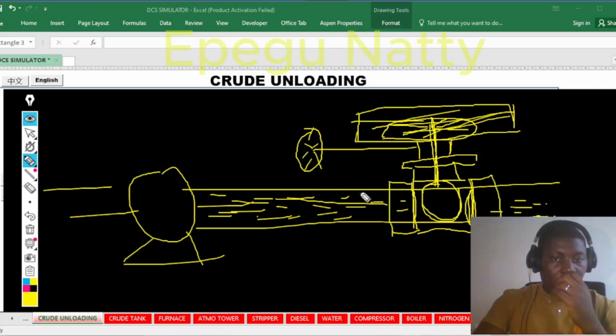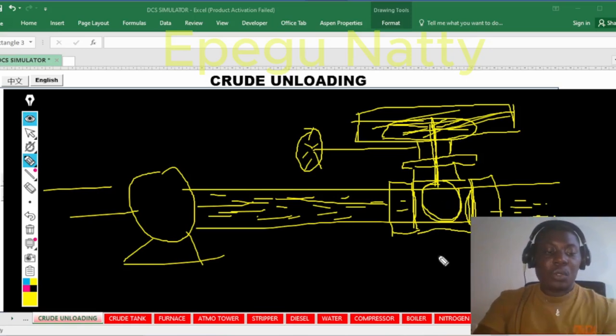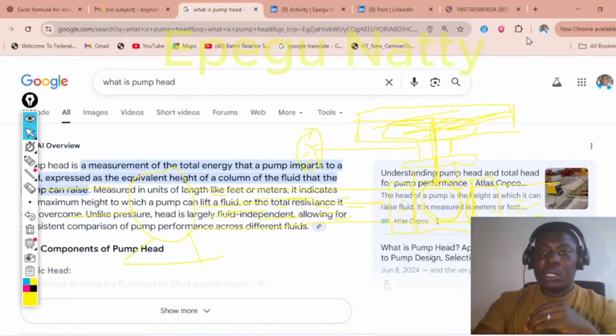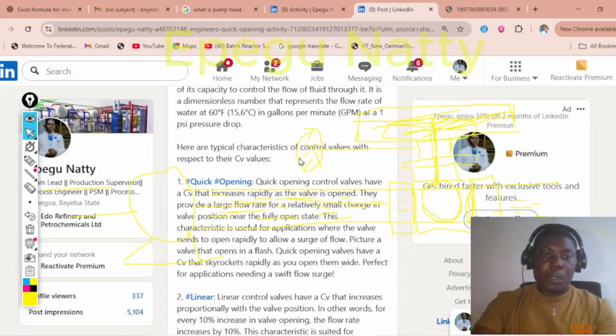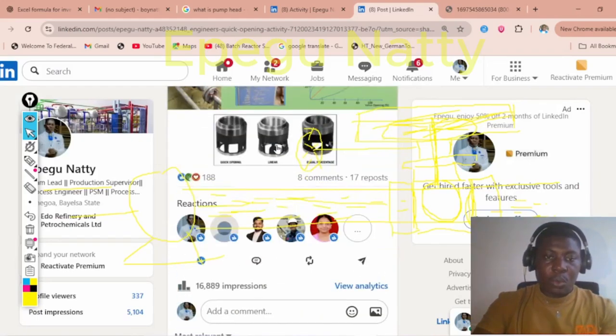Okay, now what is the trim? There are three characteristics, or three types of trim. I think in one of my posts on LinkedIn I mentioned this, so let's just go to LinkedIn. Let me show you this. Okay, so this is a post.